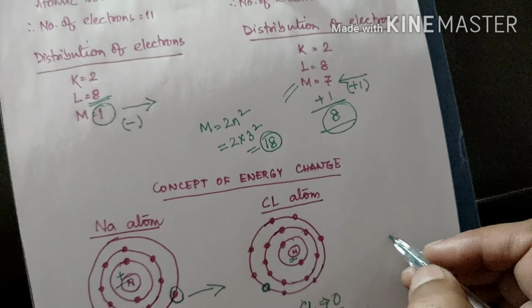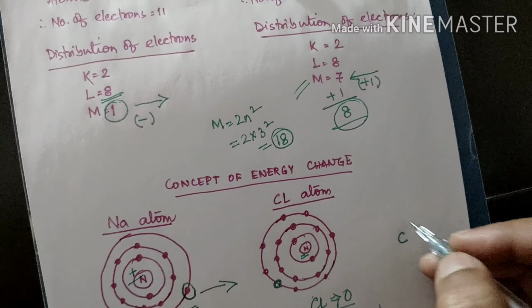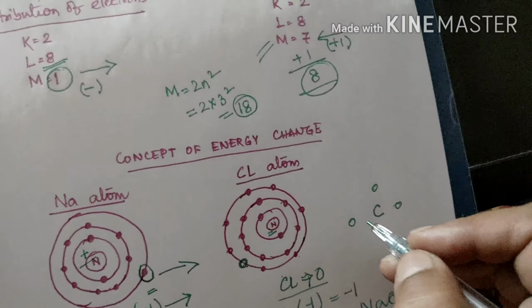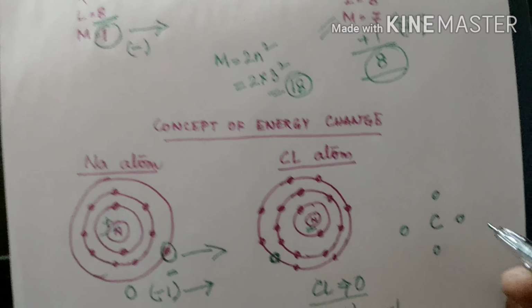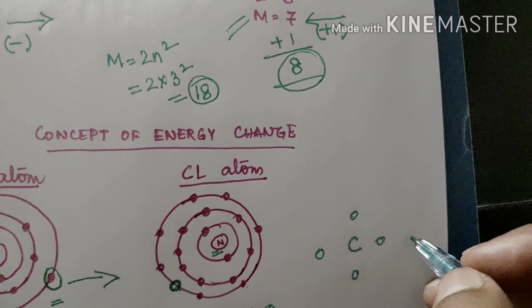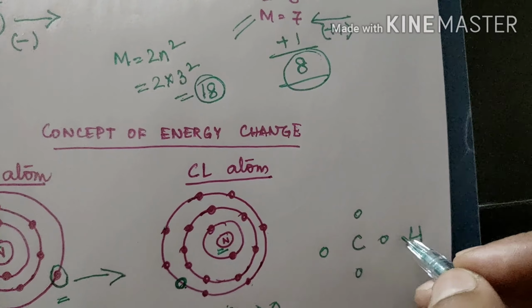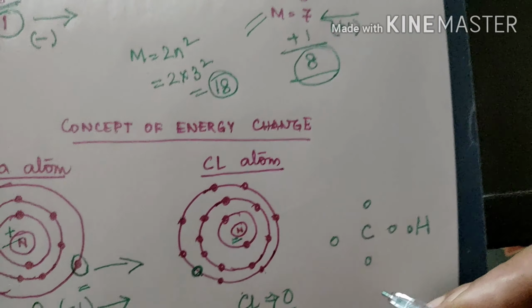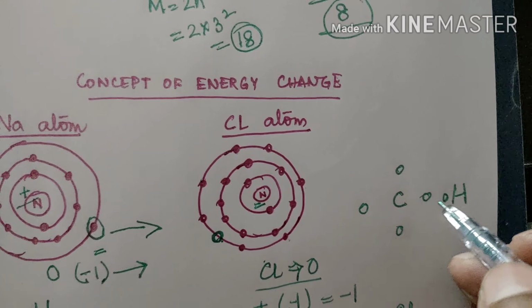Now if I think about one carbon atom, there are 4 electrons in its outermost shell. Neither can it release electrons nor can it accept electrons. So suppose one hydrogen atom has 1 electron in its outermost shell. What will happen?